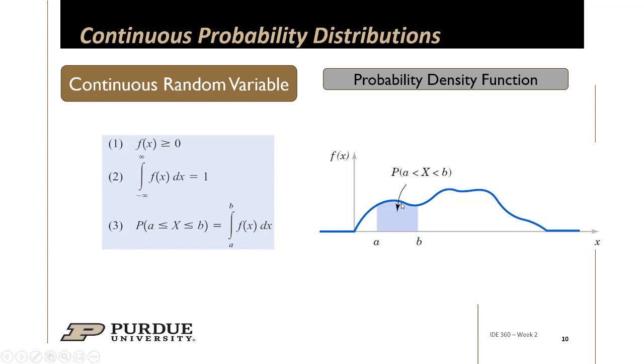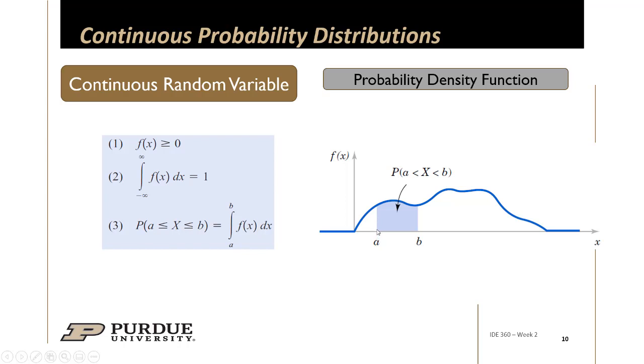It's important to notice that with continuous random variables, because it's all smooth and continuous, it doesn't make sense to ask for a specific point, like the probability of x being equal to a.